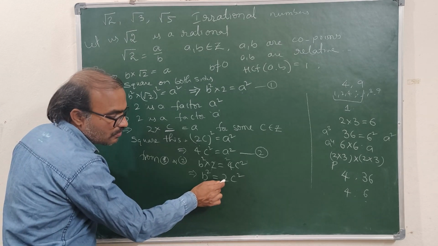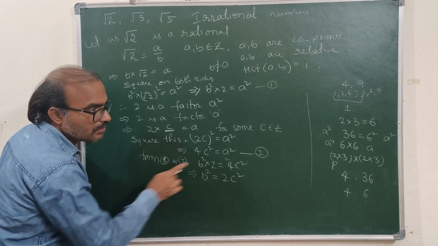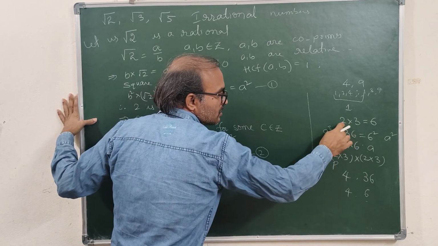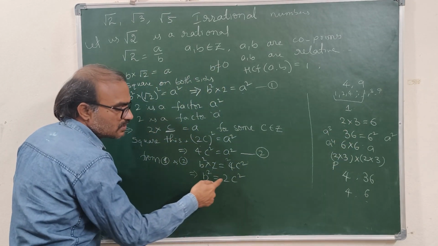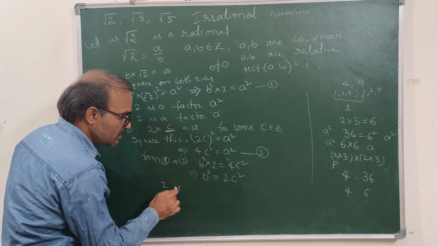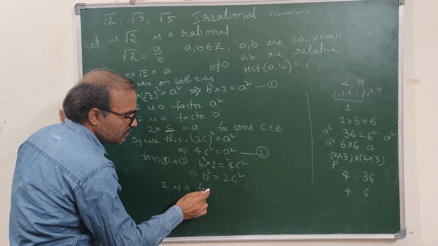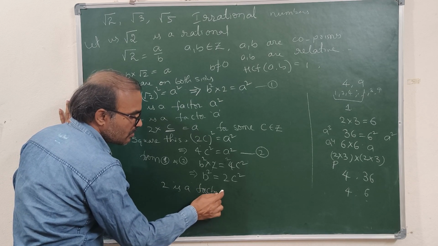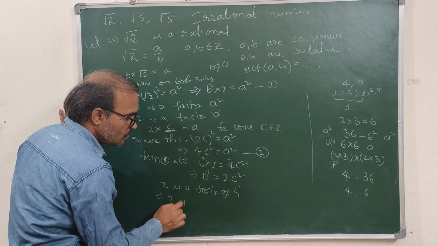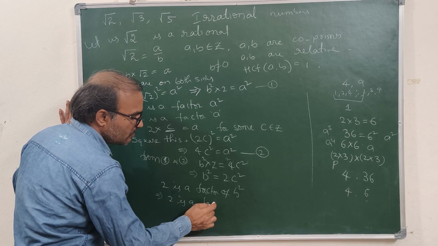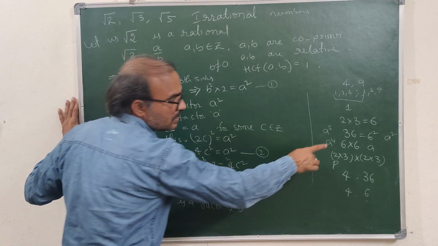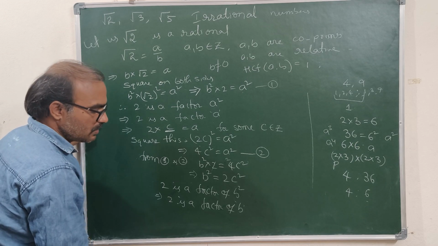Means what again? 2 is a factor of b square, right? Just as 6 is equal to 2 into 3 and 2 is a factor of 6, similarly b square is equal to 2 into c square, so 2 is a factor of b square. Therefore, 2 is a factor of b square implies 2 is a factor of b, from this rule again.